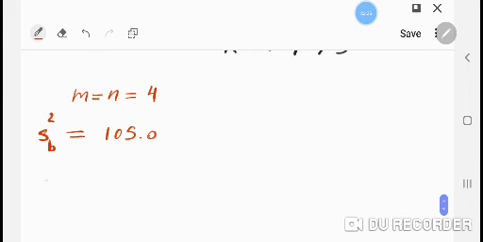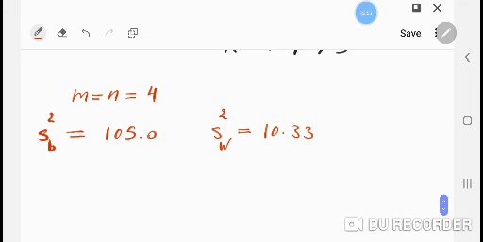And SW2, the within sum of squares, can be calculated by its formula and is 10.33.